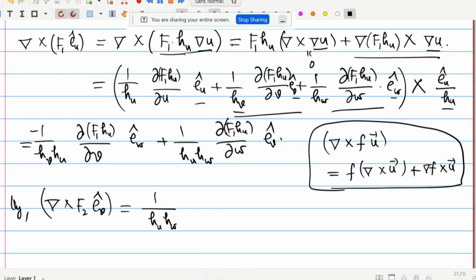This term will be the gradient of V, so it will be EV, and U, V become W here.